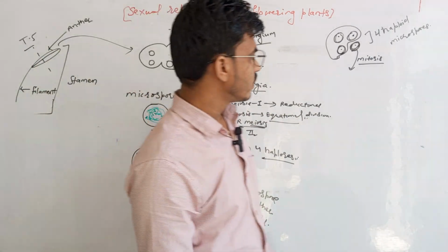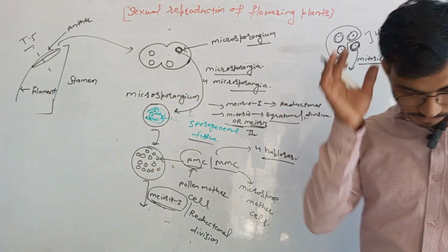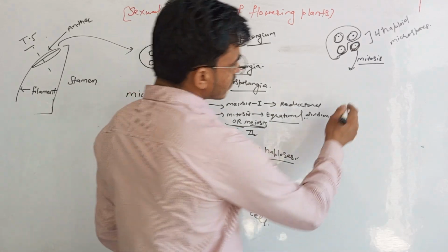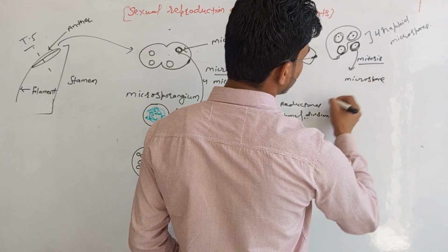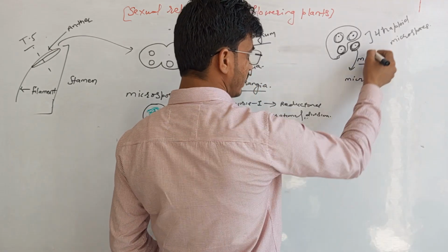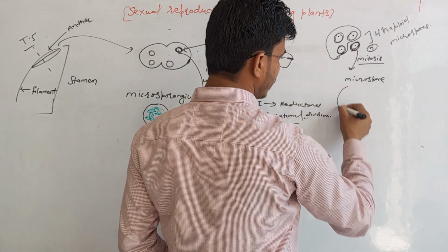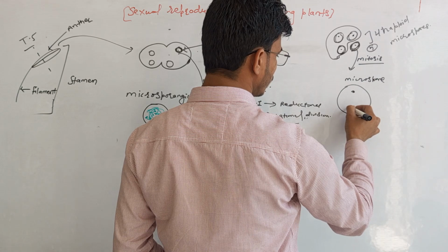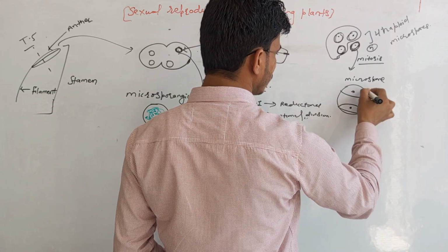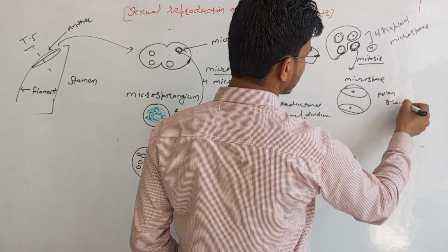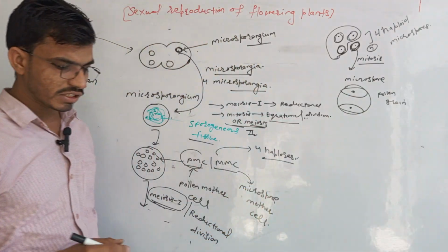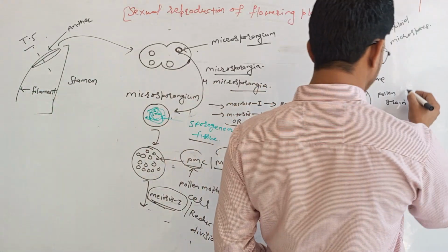After mitosis, a microspore is produced, which stays haploid to haploid, at the 2 cell stage pollen grain. The microspore is technically known as the pollen grain.